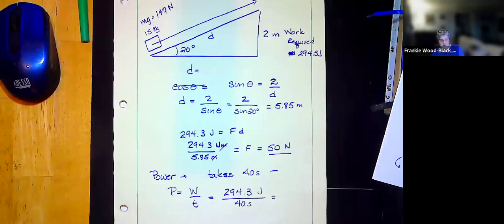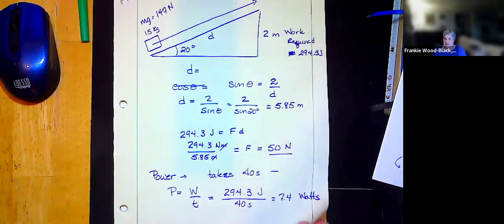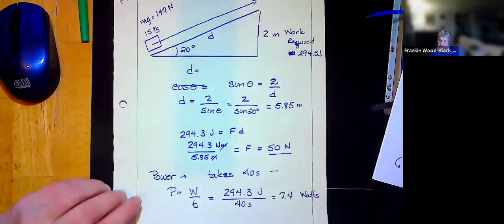And my power, which is now going to be in a unit of watts, that gives me 7.4 watts. So that gives you an idea of how to utilize that.